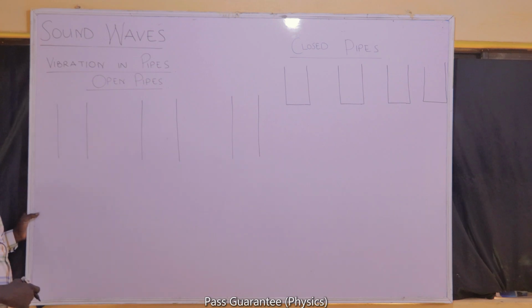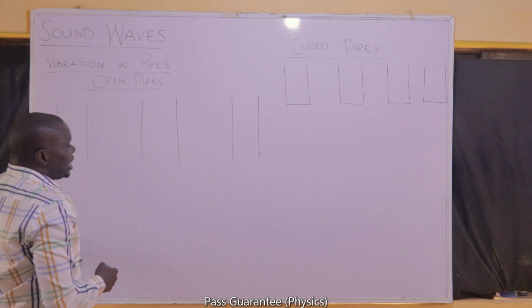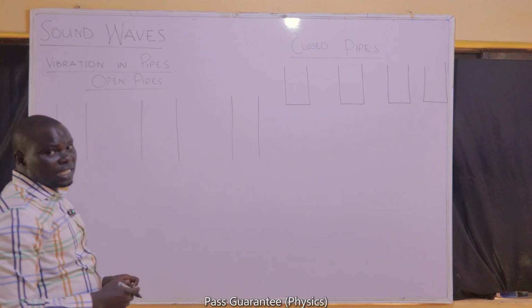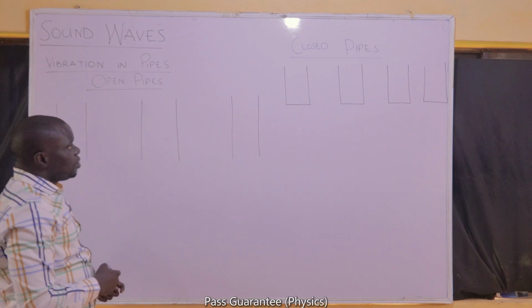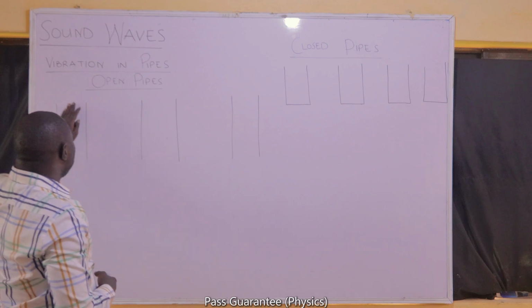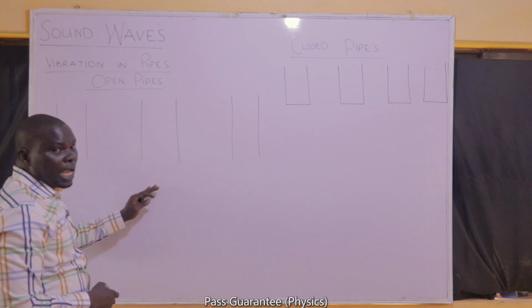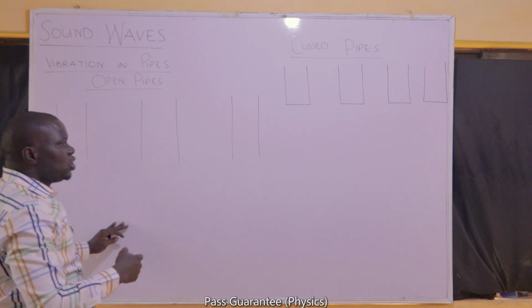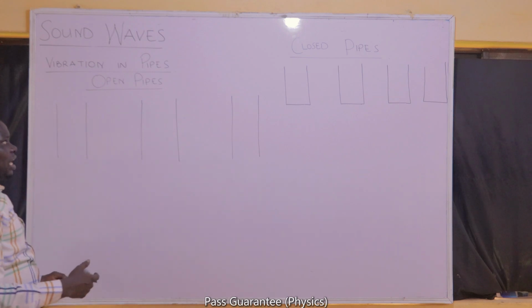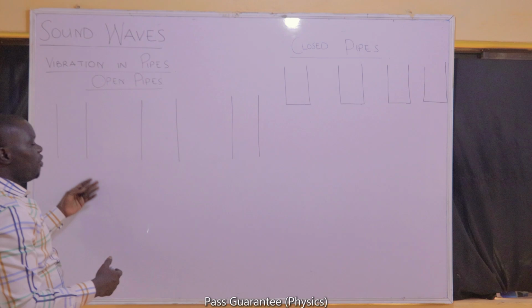It is not like strings that vibrate in string instruments, but pipes have a vibrating air column inside. One of the structural differences between pipes and strings is that we don't calculate the velocity of vibration of air.